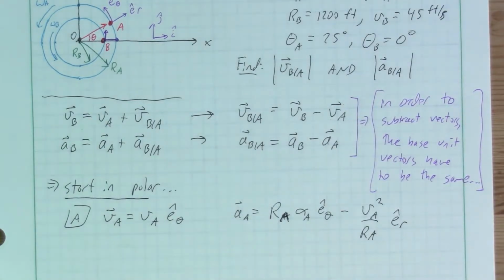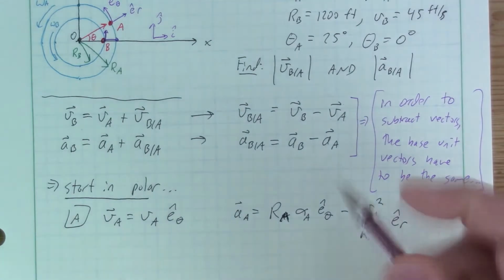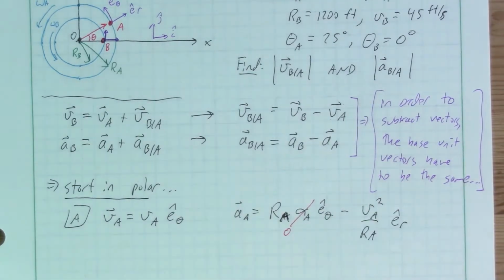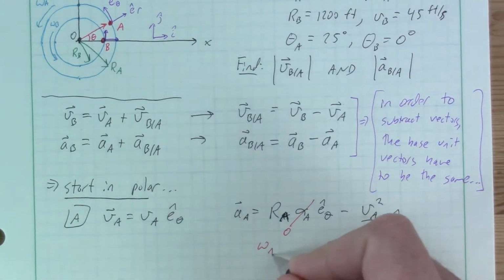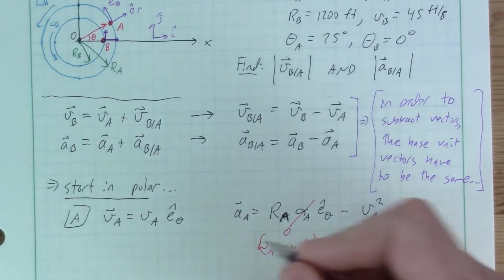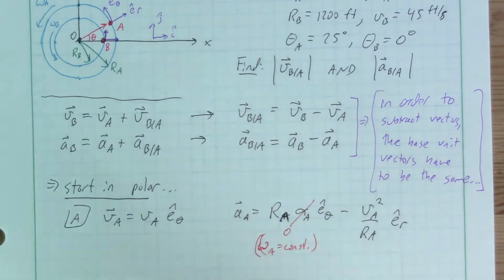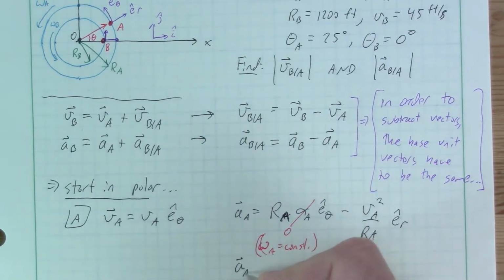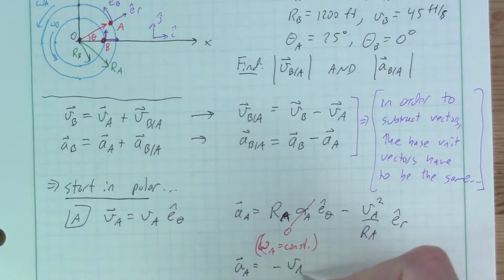So that's our expression for the acceleration in polar coordinates here. Now we have constant speed, so that's 0. Omega A is constant because we have constant speed. Okay, so our acceleration in polar coordinates for A is minus v_A squared over R_A e_r.